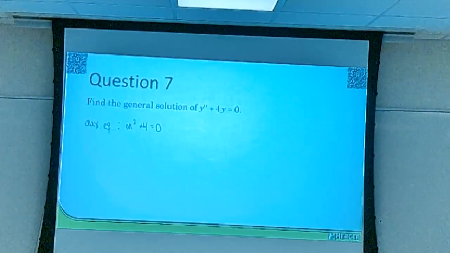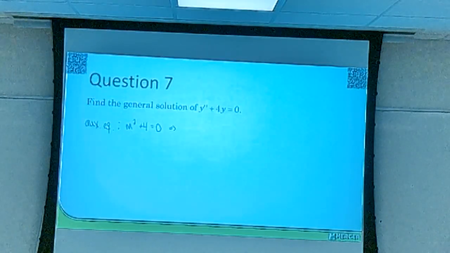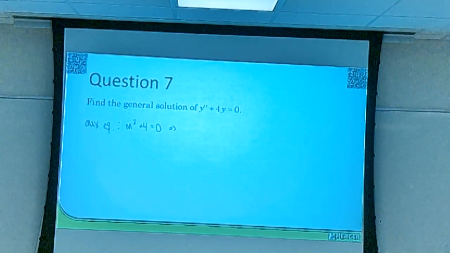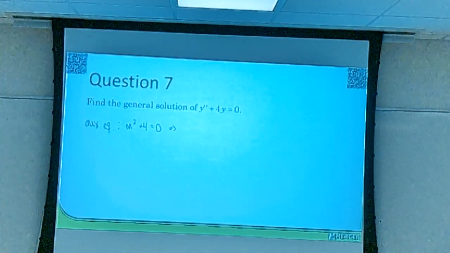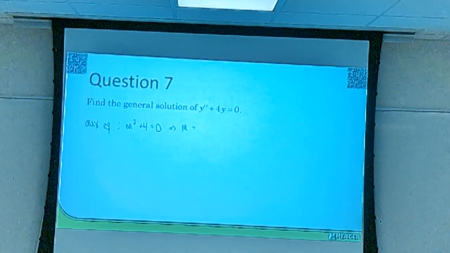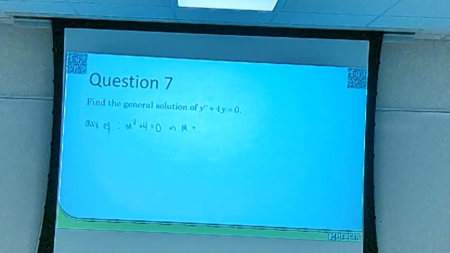So the equation m squared plus 4 equals 0. What are the solutions? And the square root, which is plus or minus 4, and then your plus or minus i.